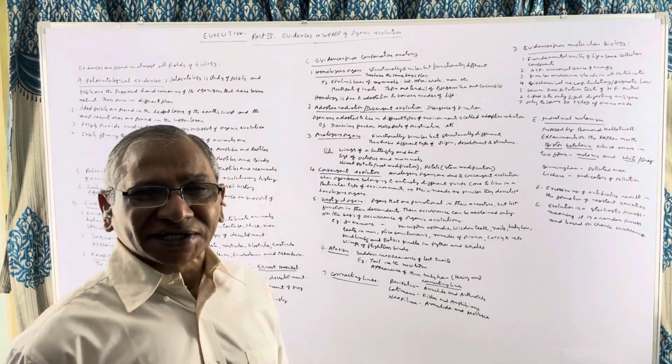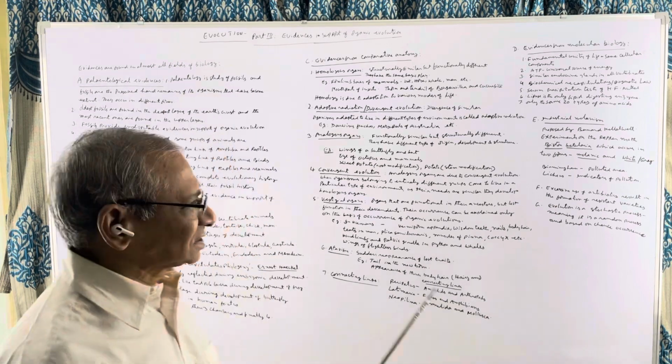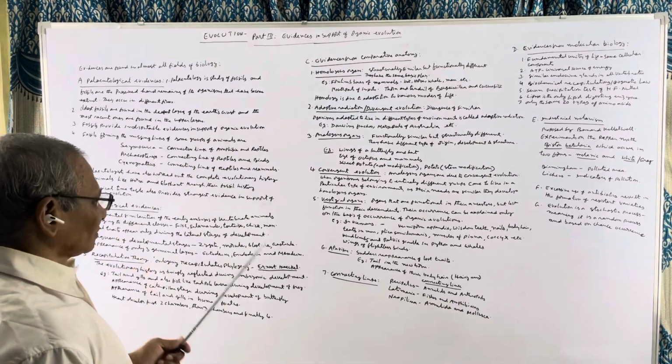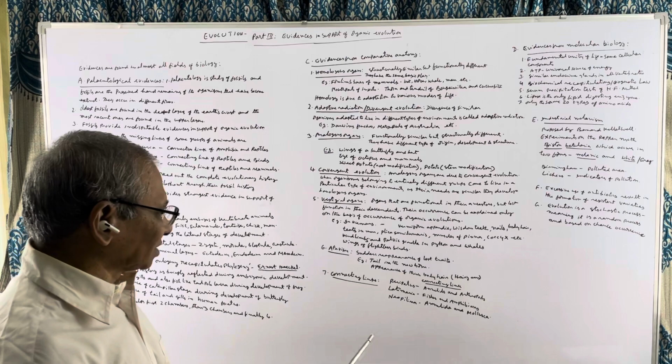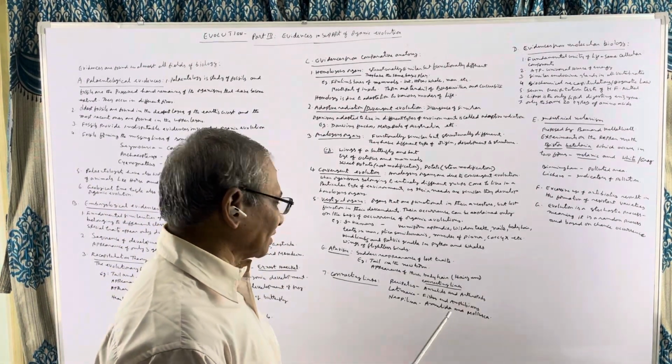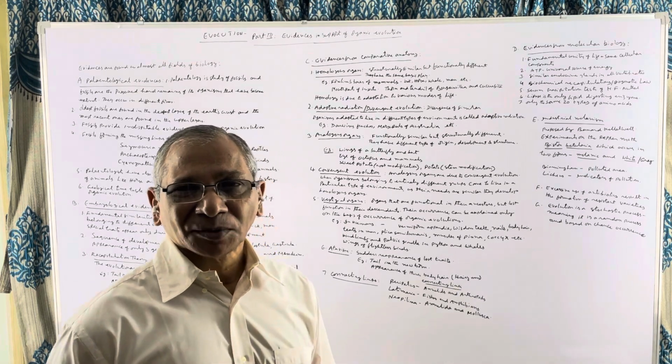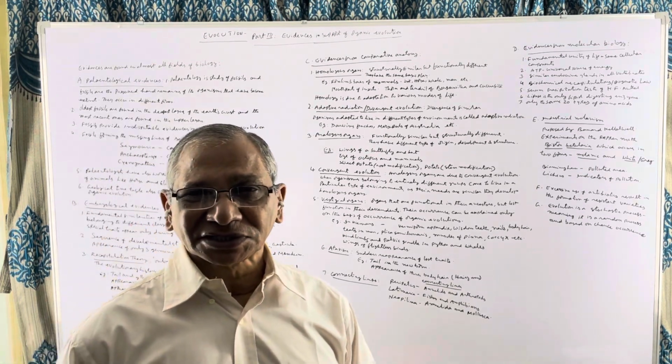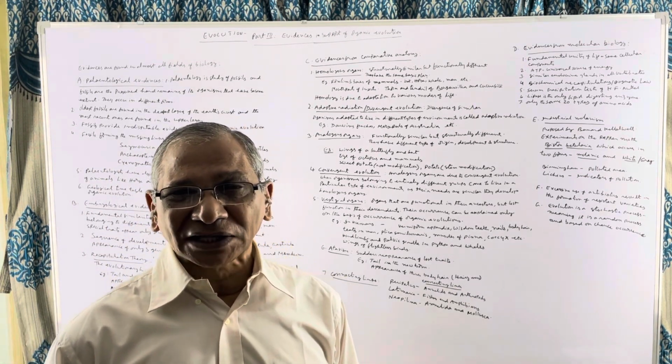Then, connecting links. We have seen some fossil connecting links here. Here, let us see now some of the living connecting links. There is one living connecting link known as the peripatus. Peripatus exhibits the traits of both annelids and arthropods.